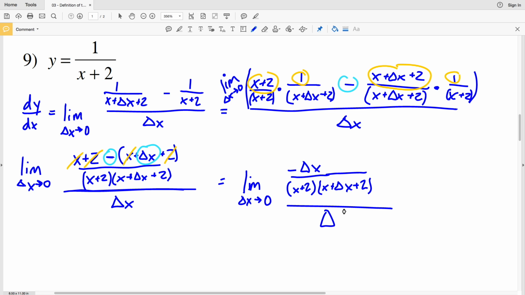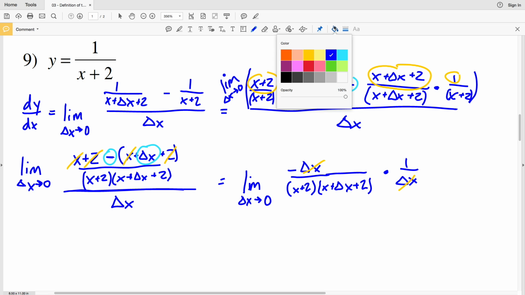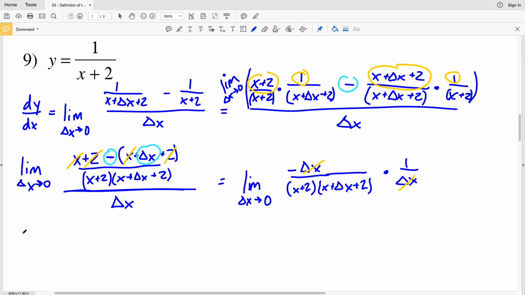However, as opposed to dividing by delta x, just so you can see this visually, I'll multiply by 1 over delta x. So negative delta x divided by delta x is a negative 1. And now I'll have the limit of negative 1 over x plus 2 times x plus delta x plus 2 as delta x approaches 0.